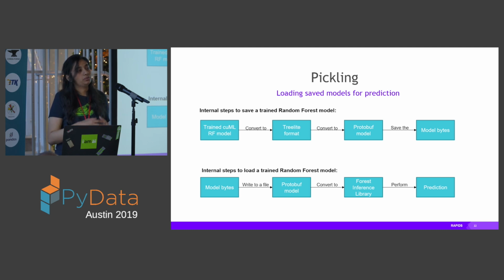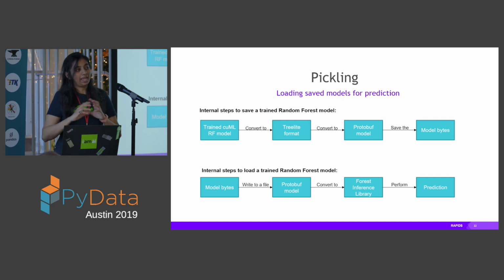We convert our random forest to a Treelite format, and within Treelite there is a function called export to protobuf, so the model from Treelite is exported to a protobuf format. Once it's exported to a protobuf format in a file, we read the file and save the file data as model bytes.